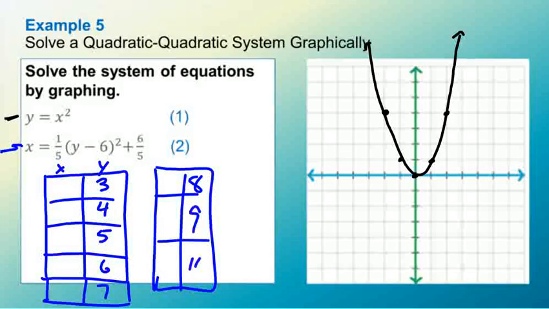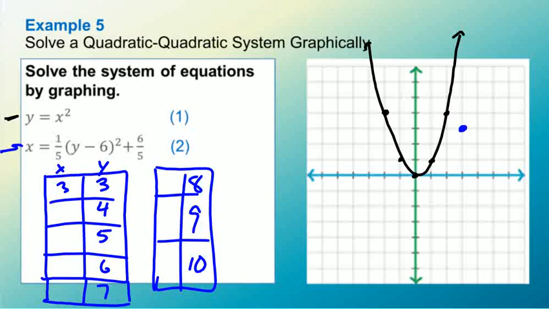So 8, 9, and if we do 10, we'll do 10. So if I put 3 in for y, 3 minus 6 is -3. Square that gives us 9. Divide that by 5. 9/5 plus 6/5 gives us 3. So I have a point at 3, 3. So if I go to here, put a point at 3, 3.